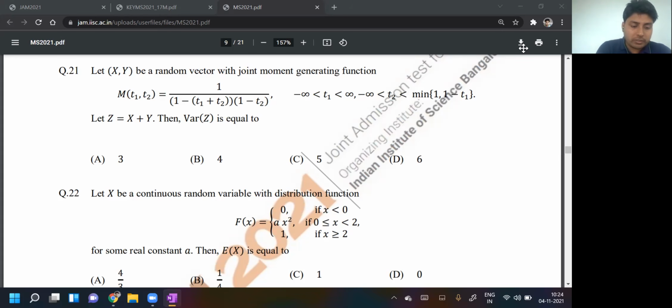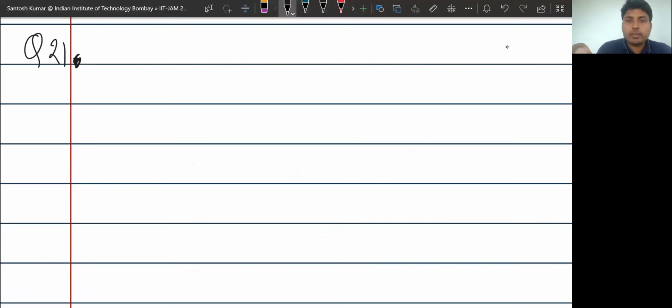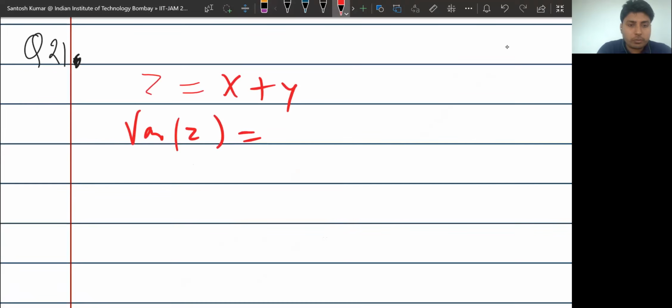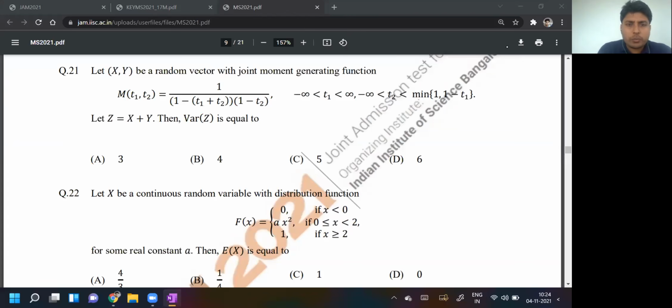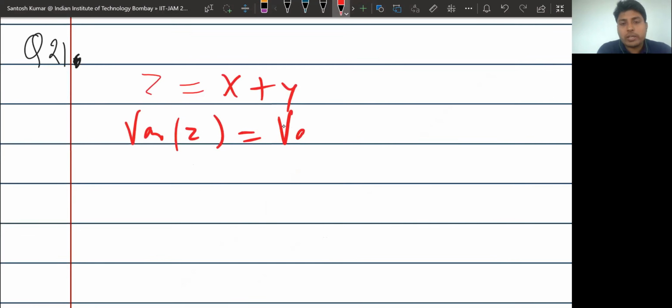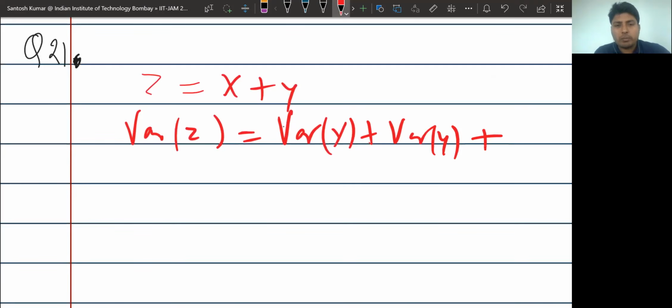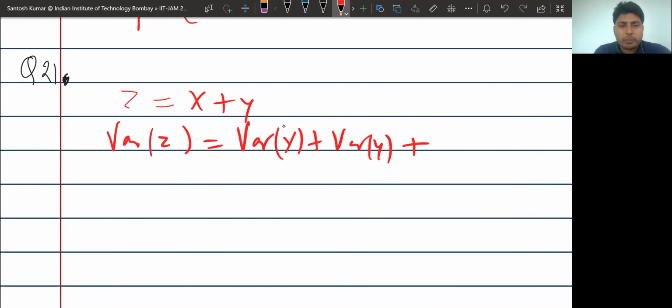Okay, so let's apply that. We have Z equal to X plus Y, and we want to find the variance of Z. We know the formula: variance of X plus Y is variance of X plus variance of Y plus covariance between X,Y plus covariance between Y,X, which means 2 times covariance between X,Y.